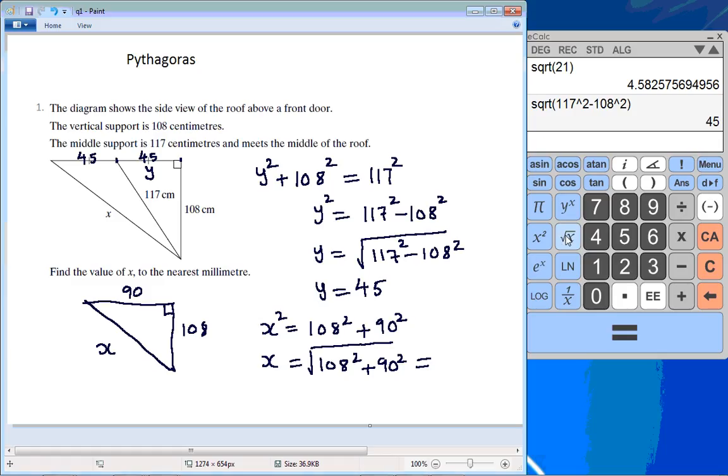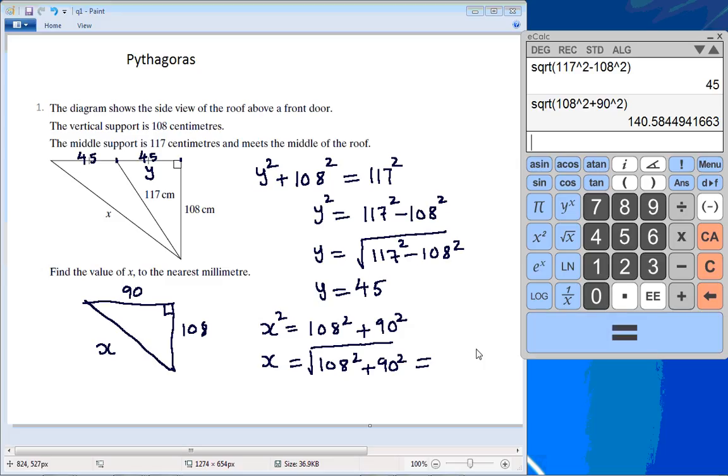So the square root of 108 squared plus 90 squared, close the bracket, equal sign. So we get the answer 140.58 and so on.